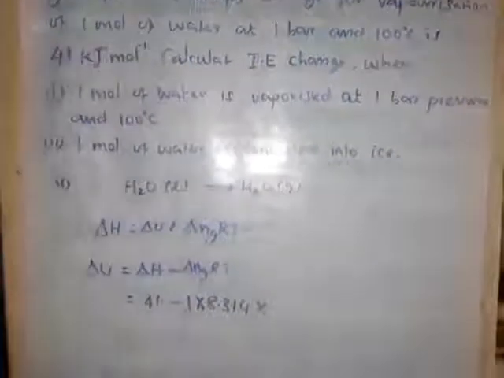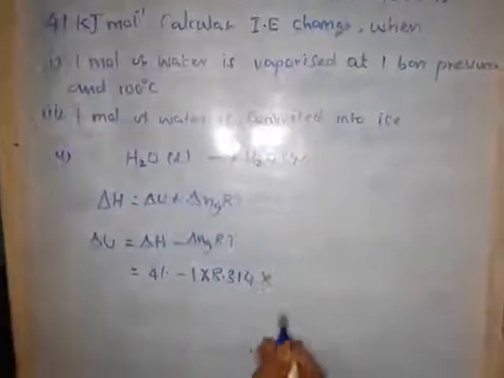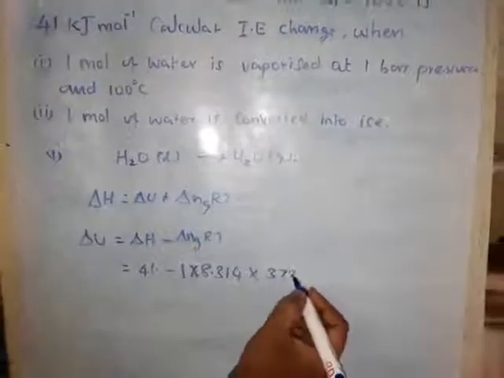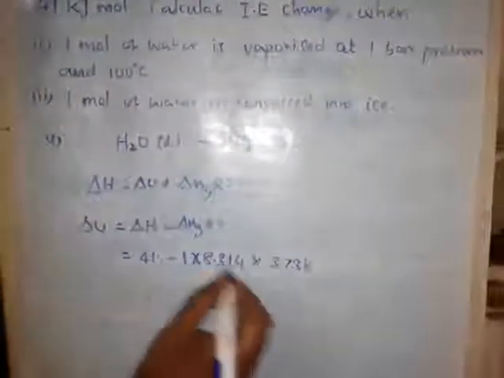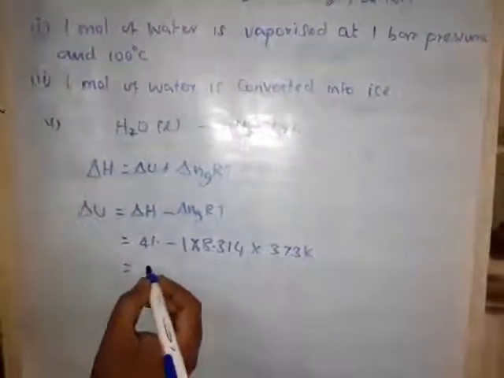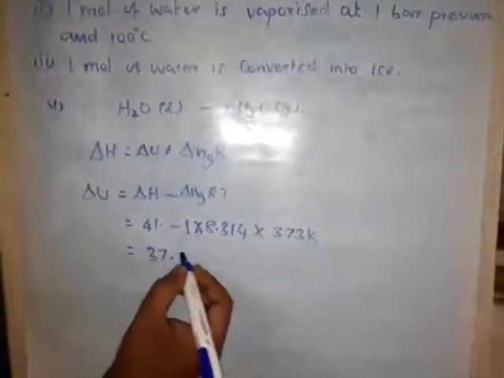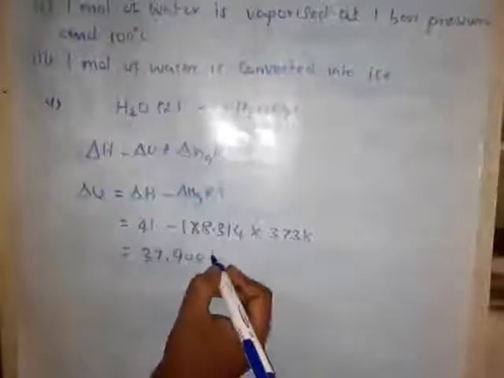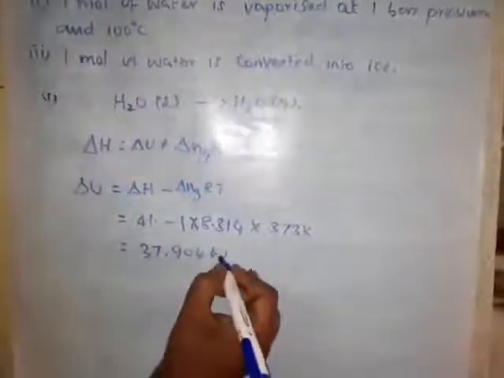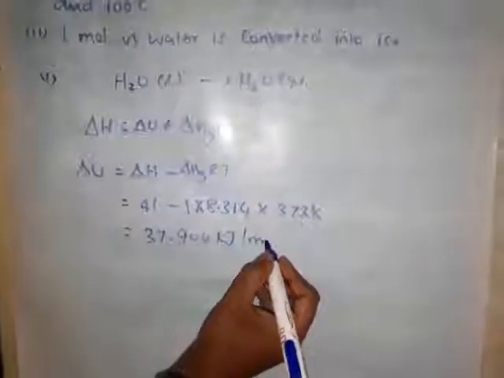Temperature is 100 degrees Celsius, so it becomes 373 Kelvin. After simplifying, you will get the value 37.904 kilojoule per mole. The unit is kilojoule per mole, since it is internal energy.